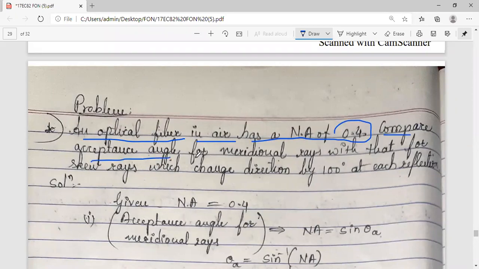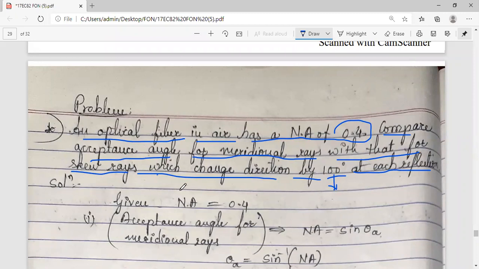Compare the acceptance angle for the meridional rays, sine theta A equal to NA, with that for the skew rays, sine theta AS cos gamma equal to NA. Gamma is unknown, but it is given in the problem statement, which says the ray will change direction by 100 degrees at each reflection.